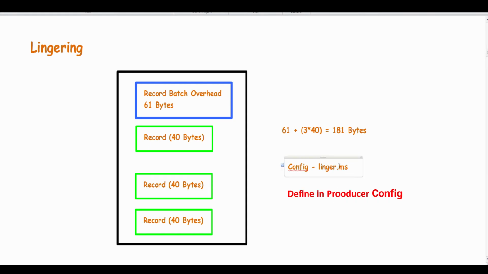Whatever time you configure in the linger.ms flag, that amount of time the producer will wait so that more records can be clubbed, and that pack of records can be sent in one batch instead of sending one record in one batch.